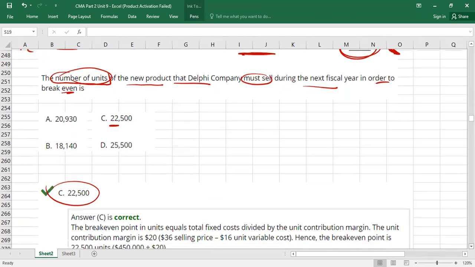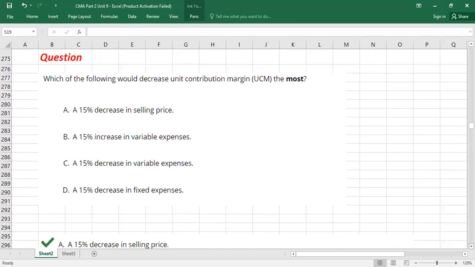We have another question now. This is a little bit tricky question, and it is really important to understand. Which of the following would decrease unit contribution margin? There are 4 options. Which is the most probable that unit contribution margin will decrease? So let me tell you how we calculate unit contribution margin.